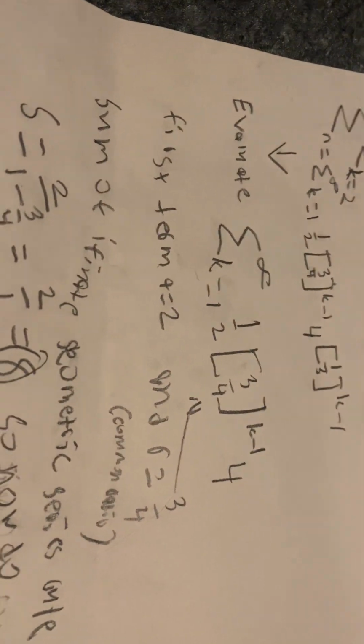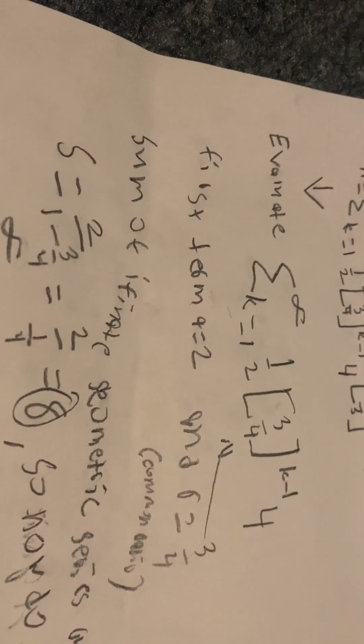So it would look like 2 over 1 minus 3/4, based on the equation. 3/4, and 2 is on the top, and then you have to do 1 minus, which will go to 2 divided by 1/4, which would be 8, since it's dividing, now multiplying.